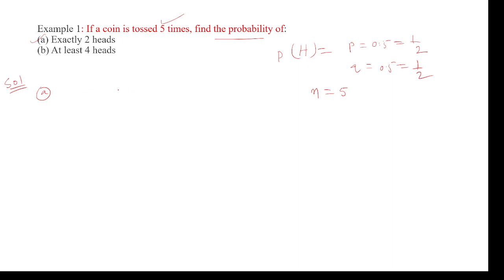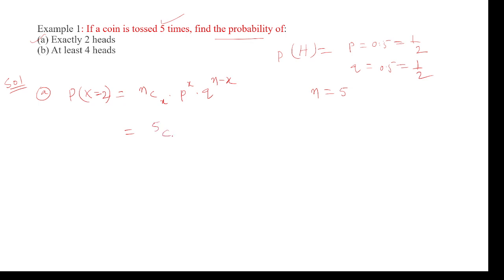He may ask the question like this: find the probability using binomial to get exactly 2 heads. So P(X = 2 heads exactly) is equal to nCx p^x q^(n-x). Here n is 5, since it is tossed 5 times.